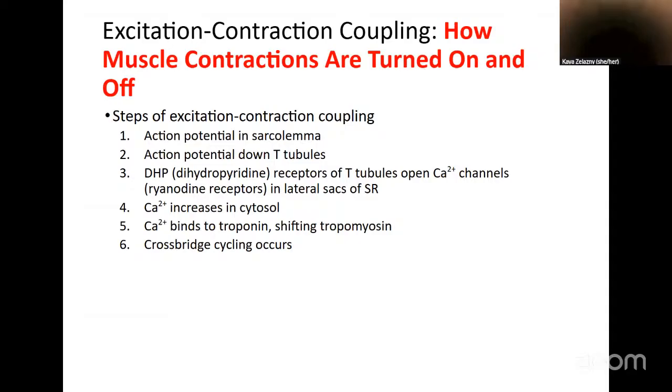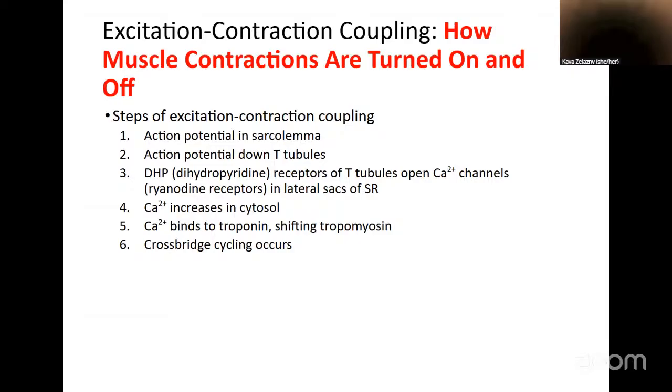Across that sarcolemma, the plasma membrane, we have a membrane potential, which is the difference in charge across the membrane. That action potential is going to travel across the membrane, down the membrane, until it hits our T-tubules. The T-tubules were part of that triad we had with the sarcoplasmic reticulum, literally like tubes going down into the cell.